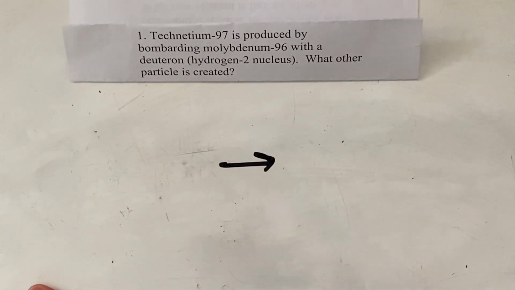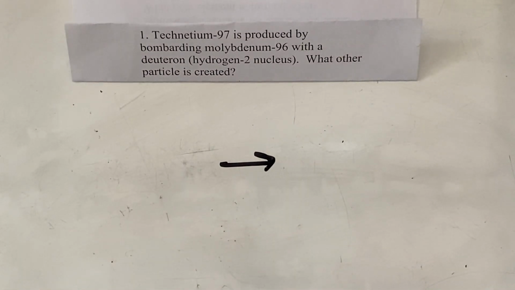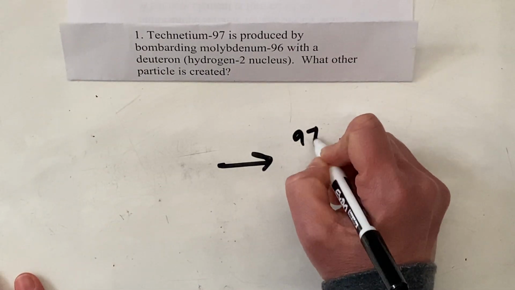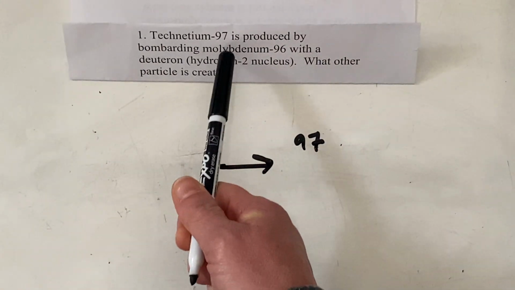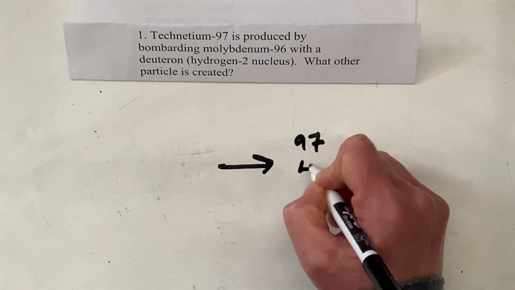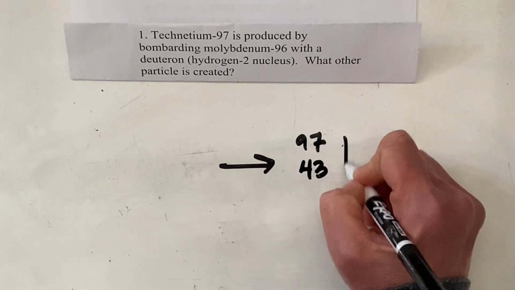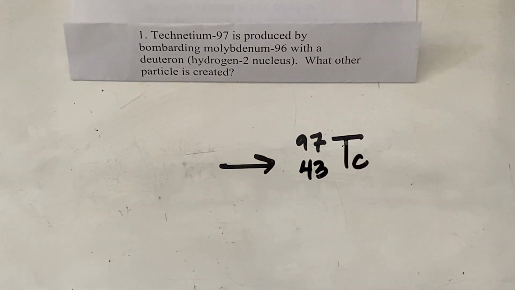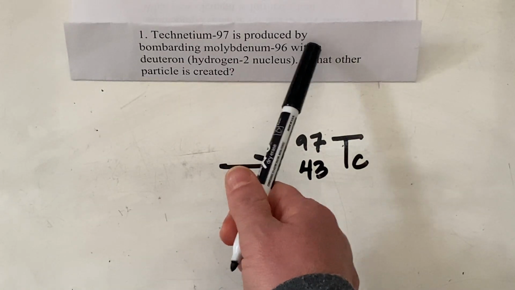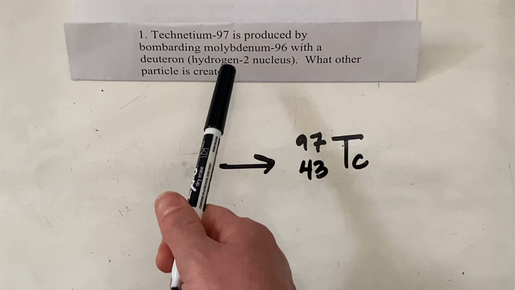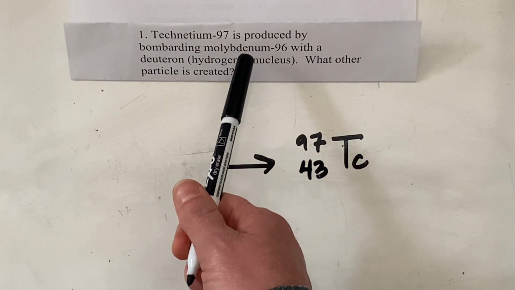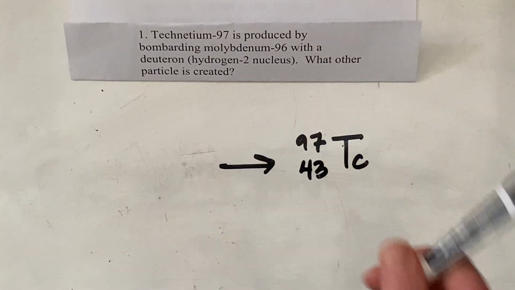Okay. Technetium is 97 for the mass. That's what it's saying right there. And then the atomic number is 43. And the nuclear symbol is Tc. Okay. Then it says it's produced because it's bombarded with molybdenum 96.